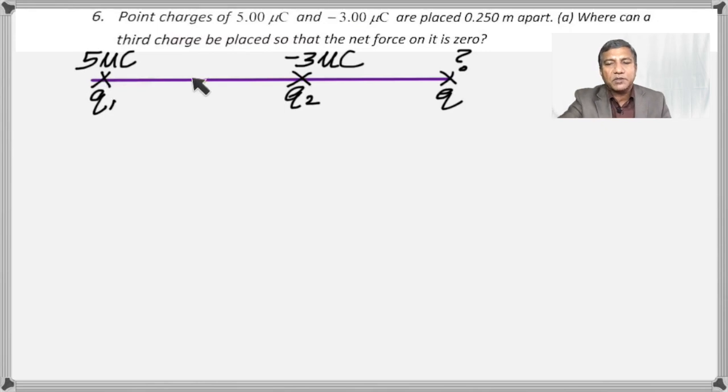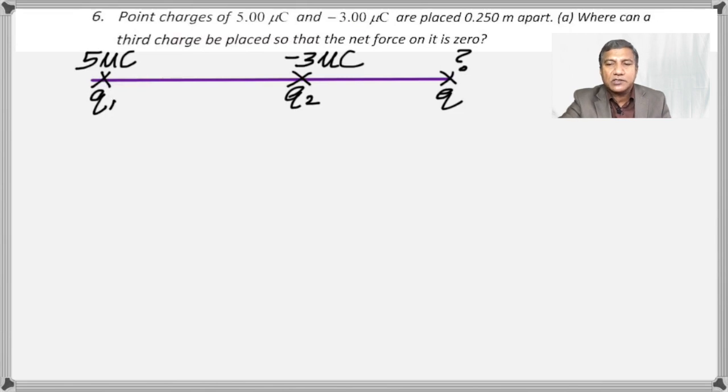Now, why can't it be between the two charges? Because if you put this Q between these two charges, the forces will not cancel out, because the 5 microcoulomb will repel it and the negative 3 microcoulomb will attract it. So you see the forces are both in the same direction and will not cancel.